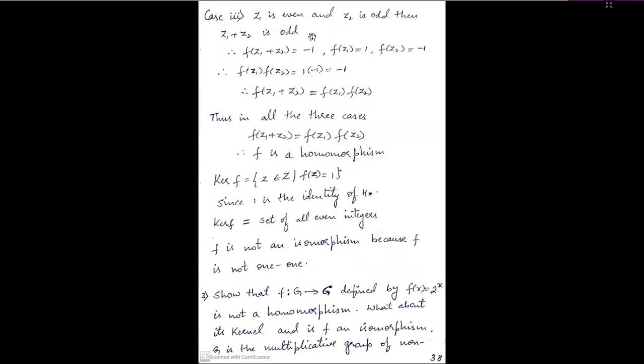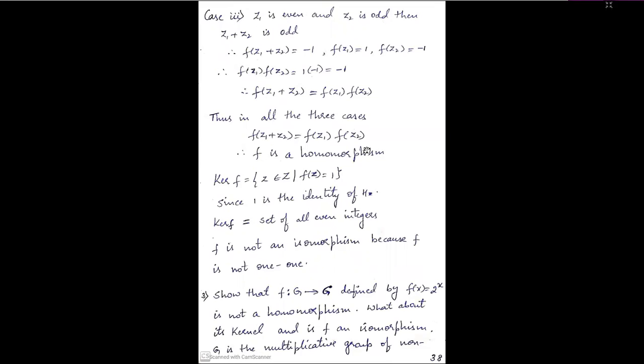Here, F of Z1 is equal to 1 and F of Z2 is equal to minus 1, because Z1 is even and Z2 is odd. So the product of 1 and minus 1 is equal to minus 1. Therefore, F of Z1 plus Z2 is equal to F of Z1 into F of Z2. Since this is satisfied in all three cases, we say that F is a homomorphism.